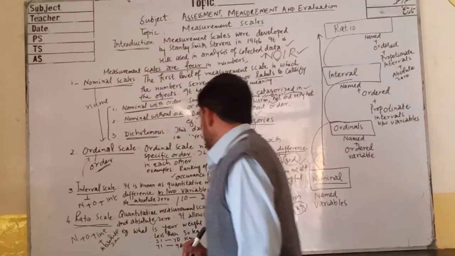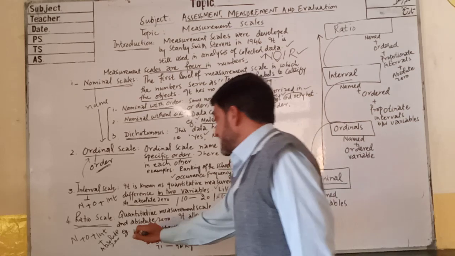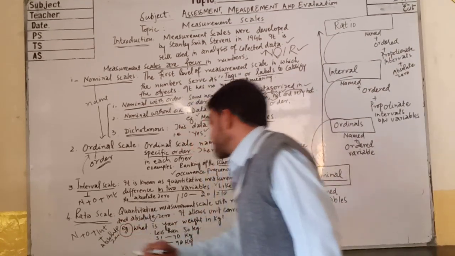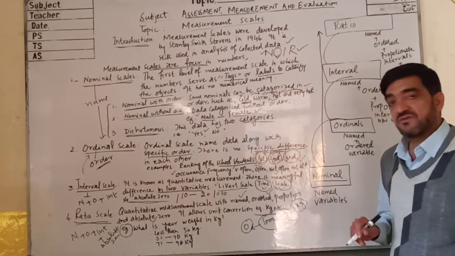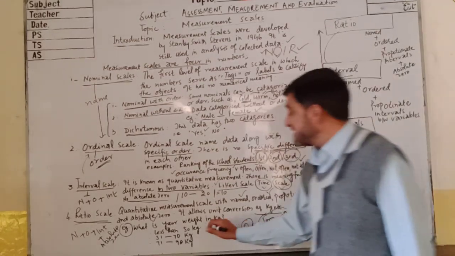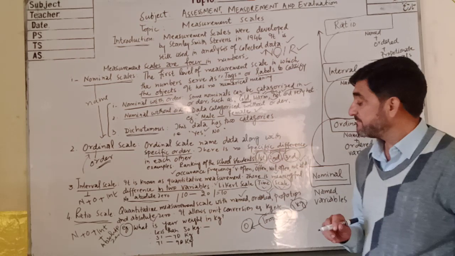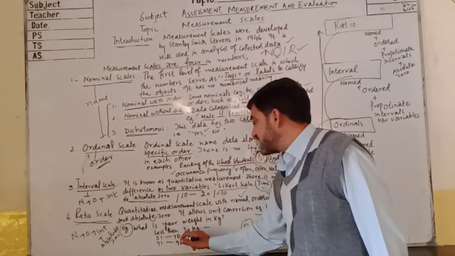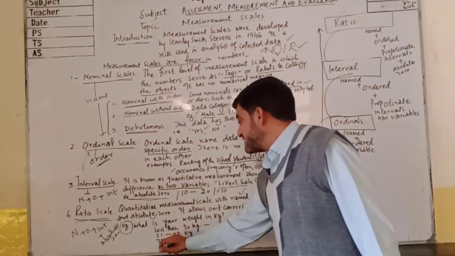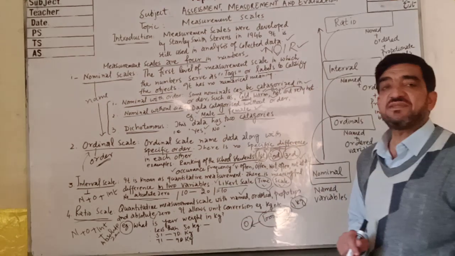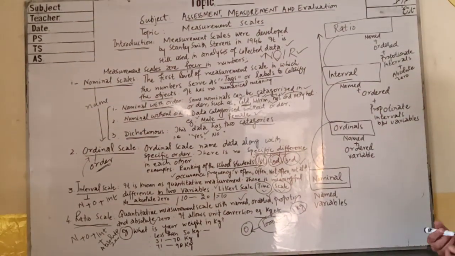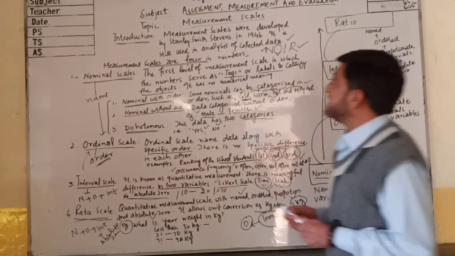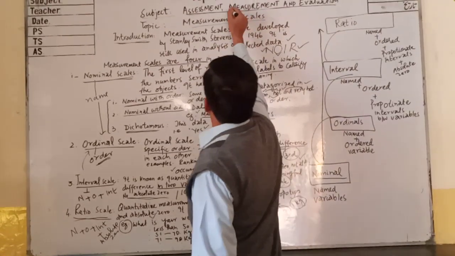An example of ratio scale is: what is your weight in kg? Less than 50 kg, then 51 to 70 kg, and 71 to 90 kg. So dear students, these are the scales which are basically the tools of measurement.